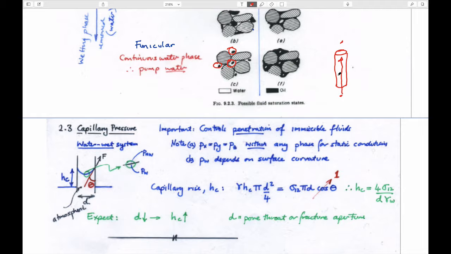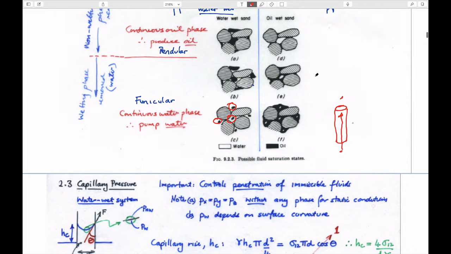That capillary tube may originally contain oil, and you want to displace it by putting water behind it. Oil in front and water behind. And the question is, what pressure do you have to apply in this direction to push it through?